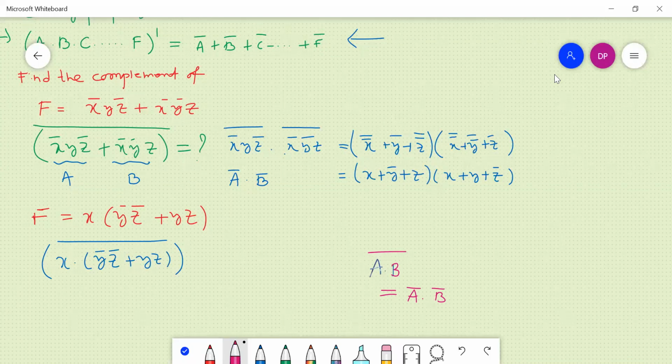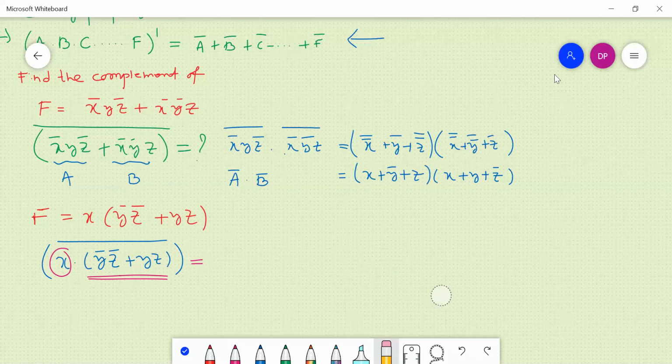So what we can write? X bar plus Y bar Z bar plus YZ all bar, and its whole bar.